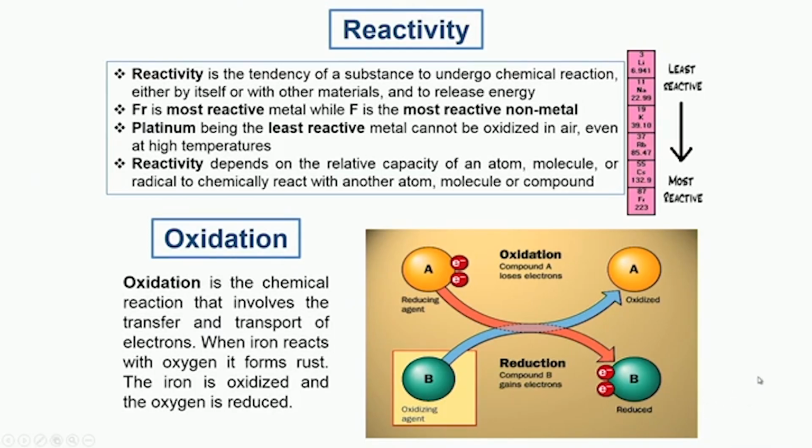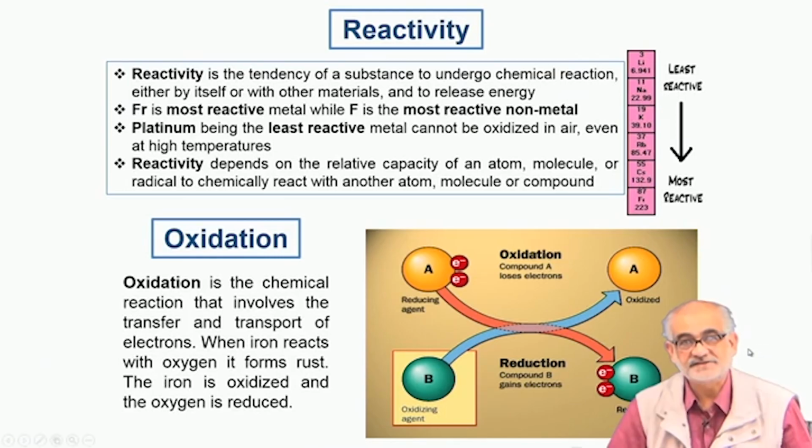Whenever electron transfer takes place between two different species, one gets oxidized, the other gets reduced, and in the process we possibly end up forming a compound. And this is how in most cases the undesirable phenomenon of oxidation takes place.